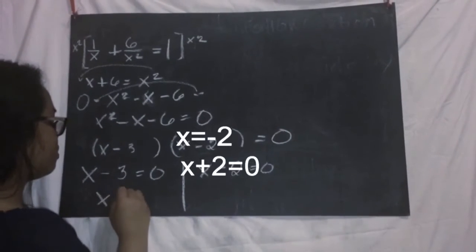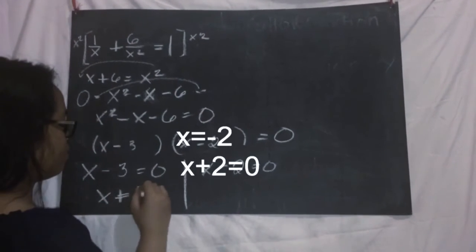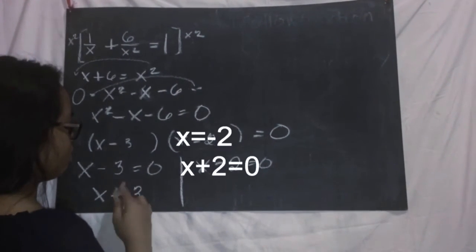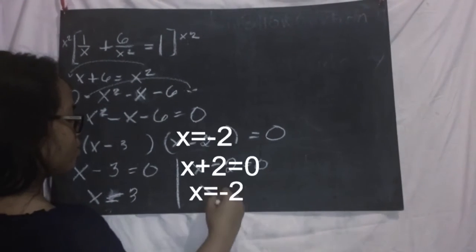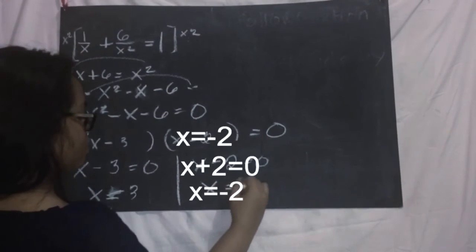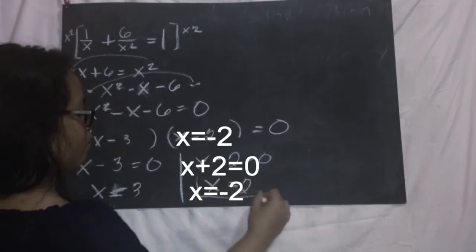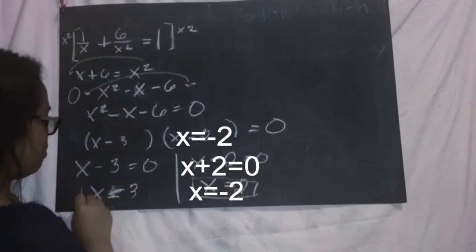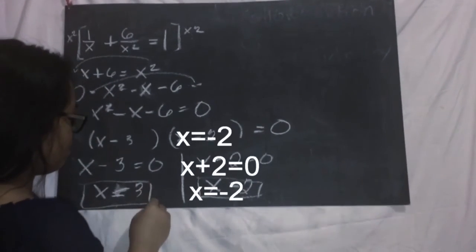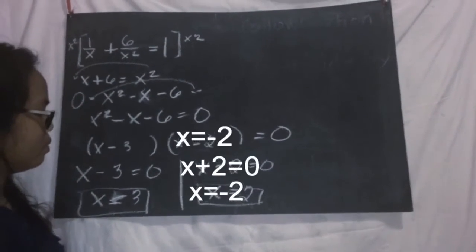So it will become x equals 3 and x equals negative 2. So let's check our answer. We need to change x to the value that we get, which is 3 and negative 2.